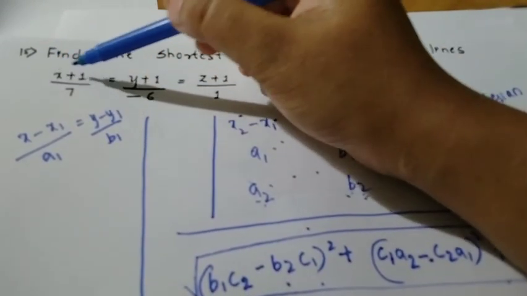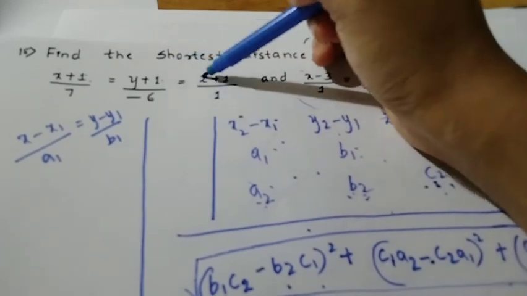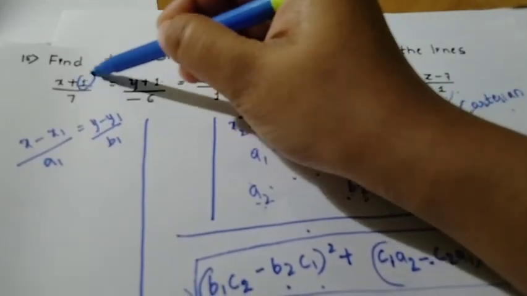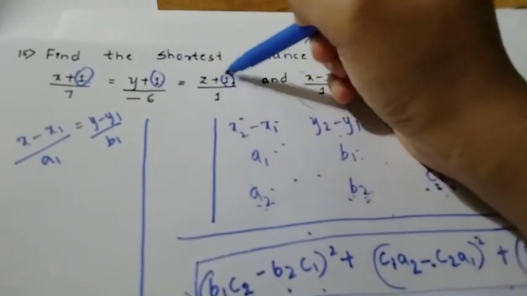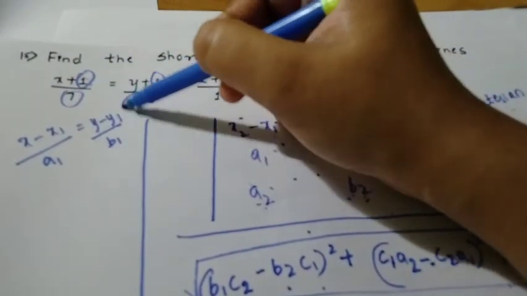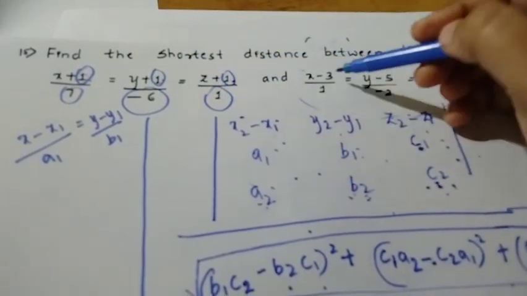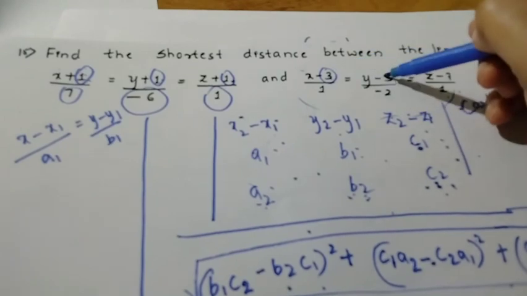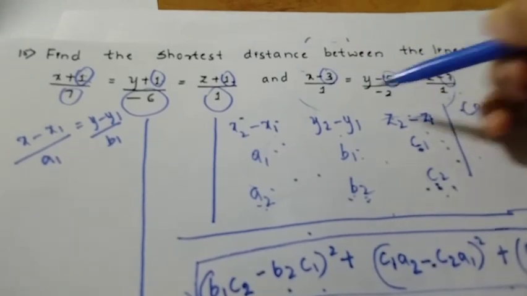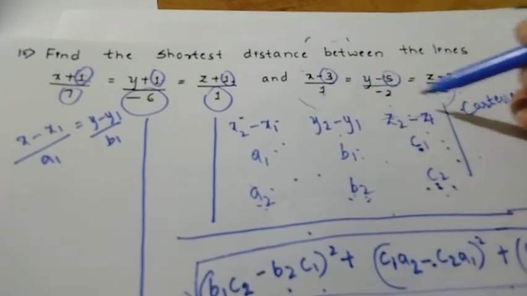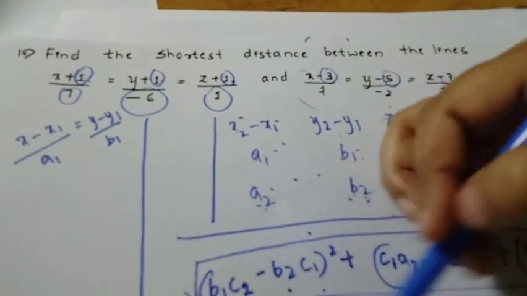This is just like x minus x1, y minus y1, z minus z1. So here you get x1 y1 z1 values and a1 b1 c1 values. From this side you will get x2 y2 z2. This is a2 b2 c2. So you will get all the values.